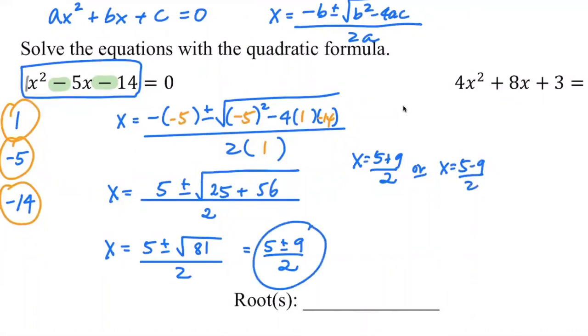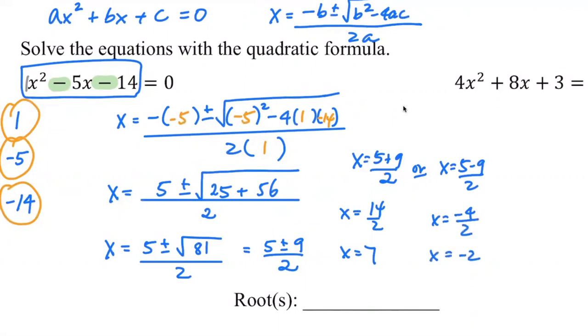You cannot leave this as the answer because you can actually get some concrete numbers. So 14 over 2 is equal to 7. On the other side, you have the other possibility, you get -4 over 2, so x is equal to -2. So the solutions or the roots would be x equals -2 or 7.